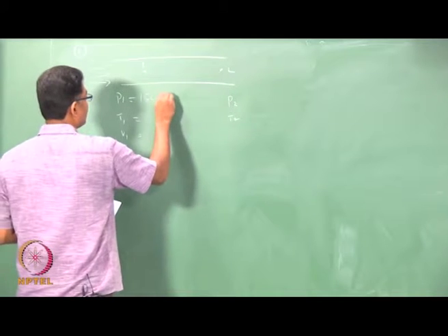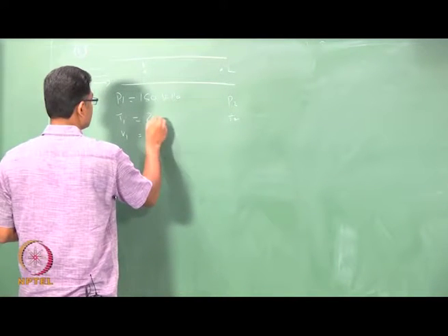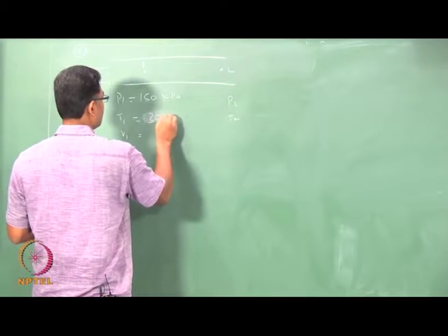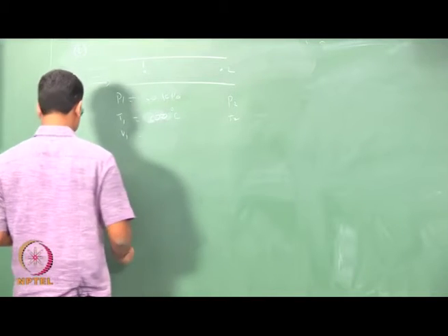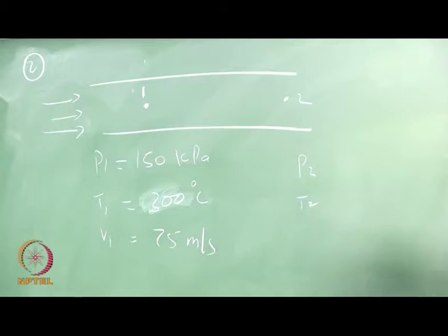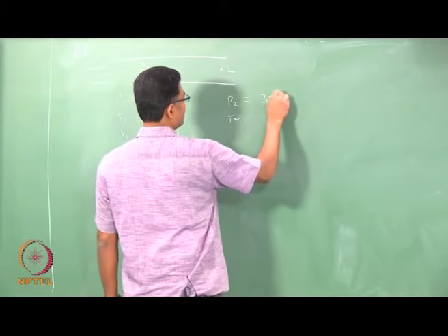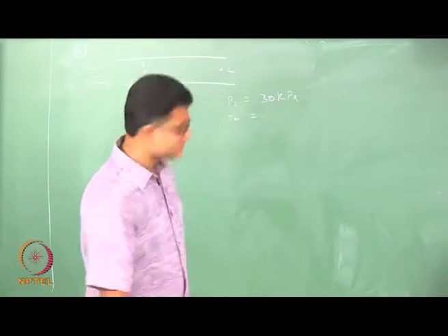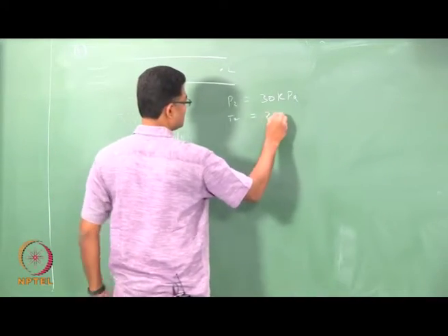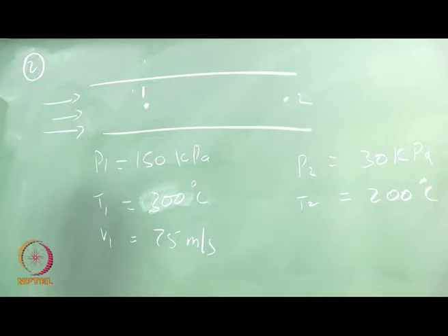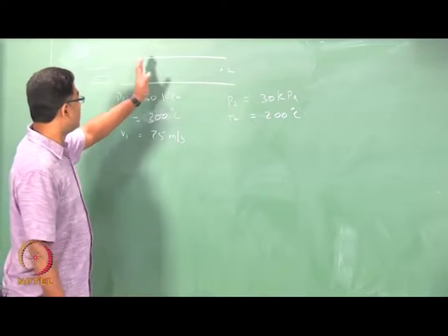So, let us put 150 kilopascal some T2. So, I have a long pipe between station 1 and 2.